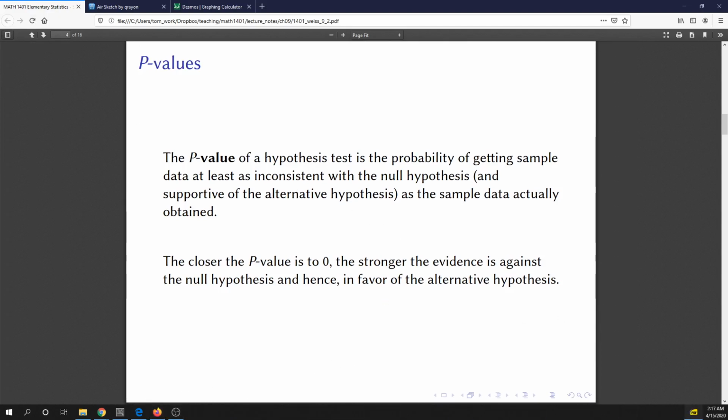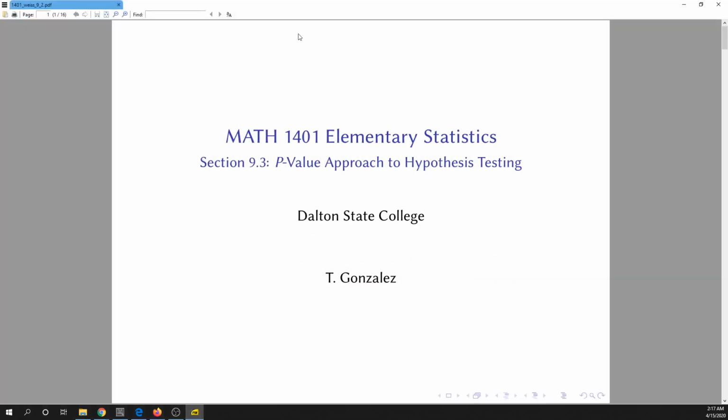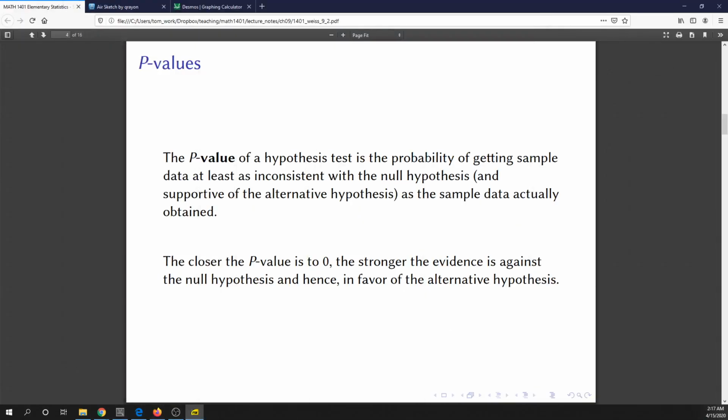You take your sample and you get a mean that's really, really close to the population mean, and to whatever the null hypothesis says is the population mean. Well, that kind of suggests that probably the null hypothesis is true, and you would not reject it in that case.